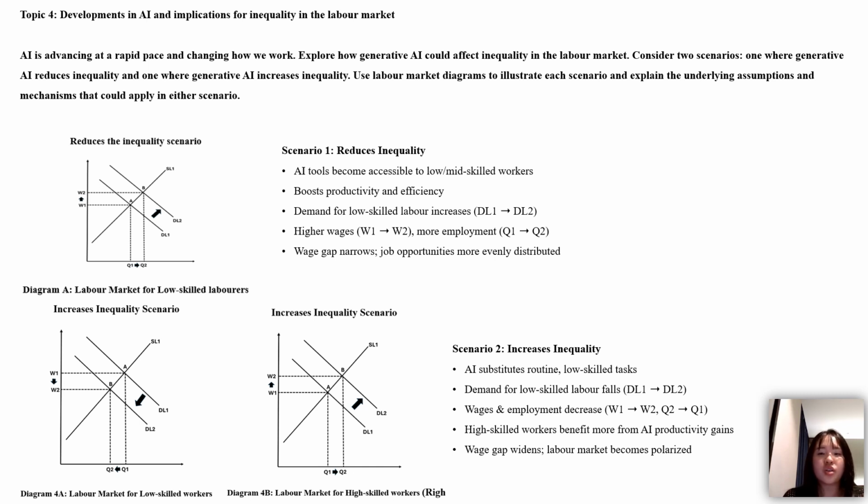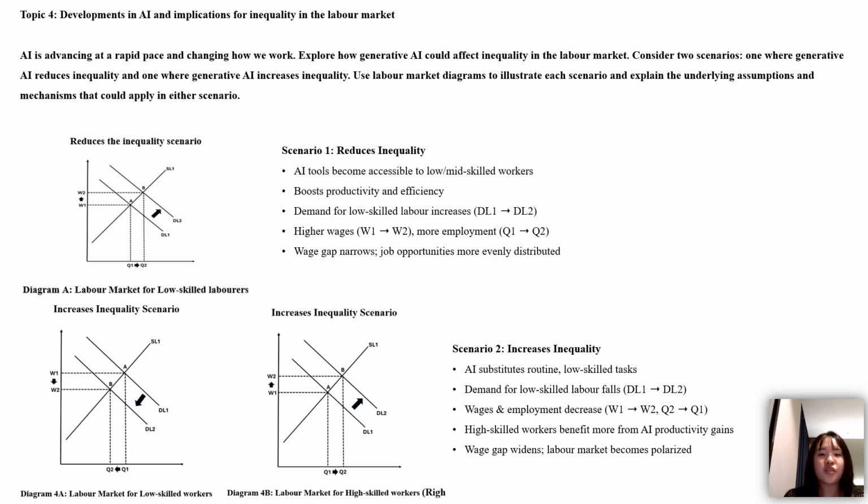Consequently, wages increase from W1 to W2 and employment rises from Q1 to Q2. The new equilibrium moves from point A to point B, reflecting improved pay and job prospects for these workers. This scenario helps close the gap between skill levels and reduces inequality in the labor market.